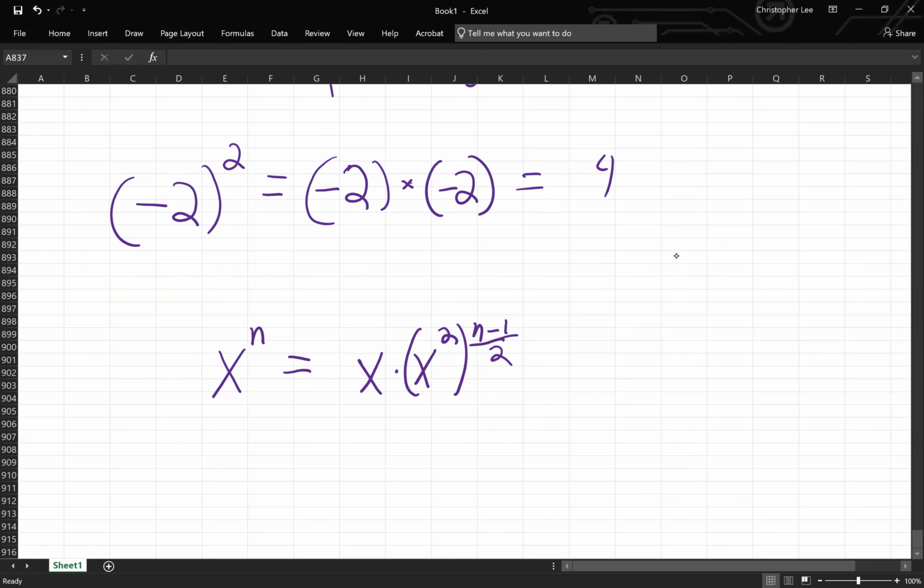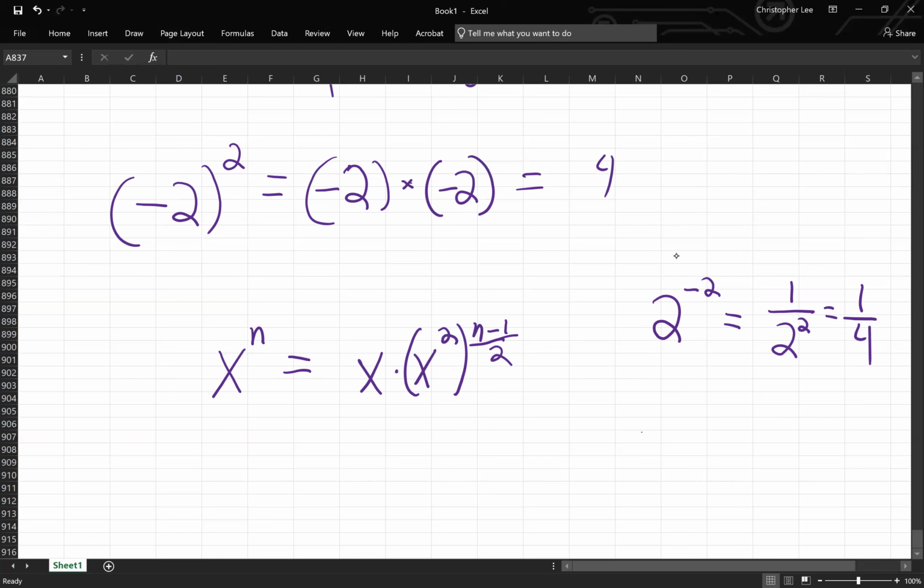But the only problem I have with this is, what happens if the n is negative? I can show you that. Look, if I have 2 raised to the negative 2 power, for example, what that means is 1 over 2 squared, which becomes 1 over 4.